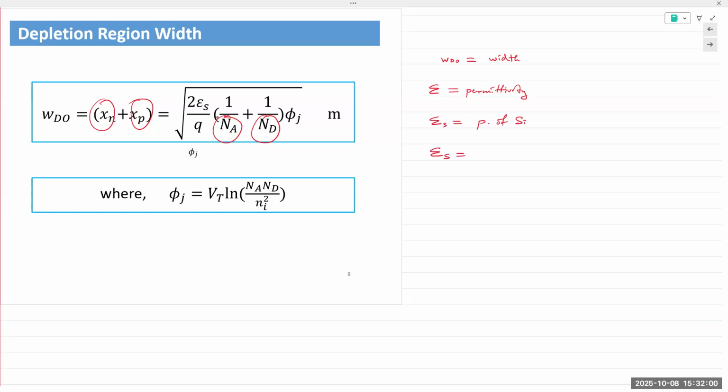Permittivity of any material is given by epsilon 0 and epsilon R. Epsilon 0 is the absolute permittivity. It's a constant. Anyone remember what this is?